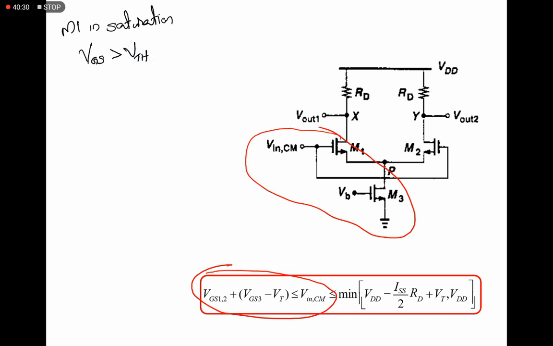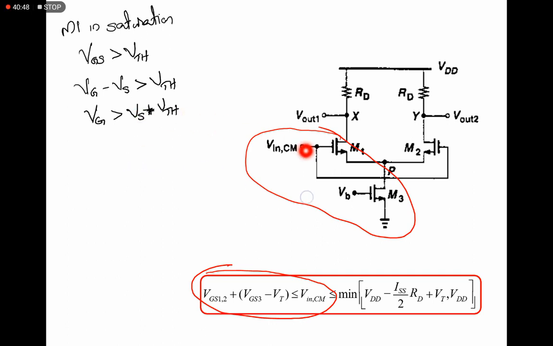That means VG minus VS is greater than VTH, or VG is greater than VS plus VTH. So here we need to define the value of VS.